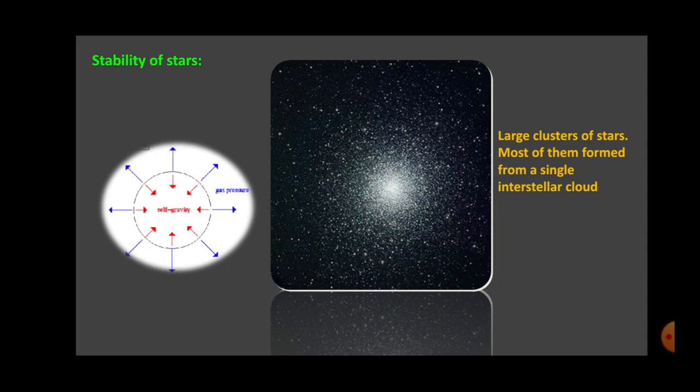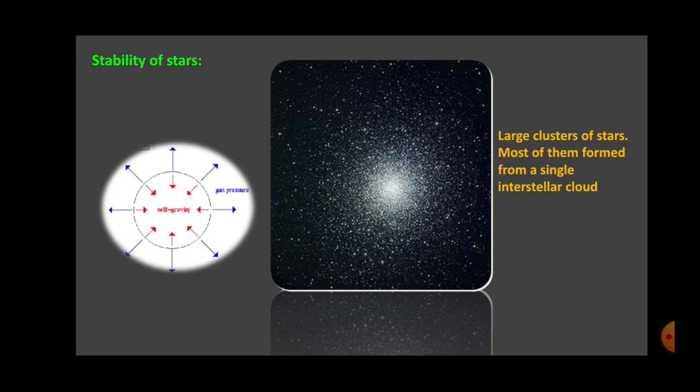The gravitational force between the gas particles of the star keeps the particles together. This gravitational force tries to bring the gas particles close together, while the gas has a high pressure which tries to disperse the gas, and thus it is balanced.